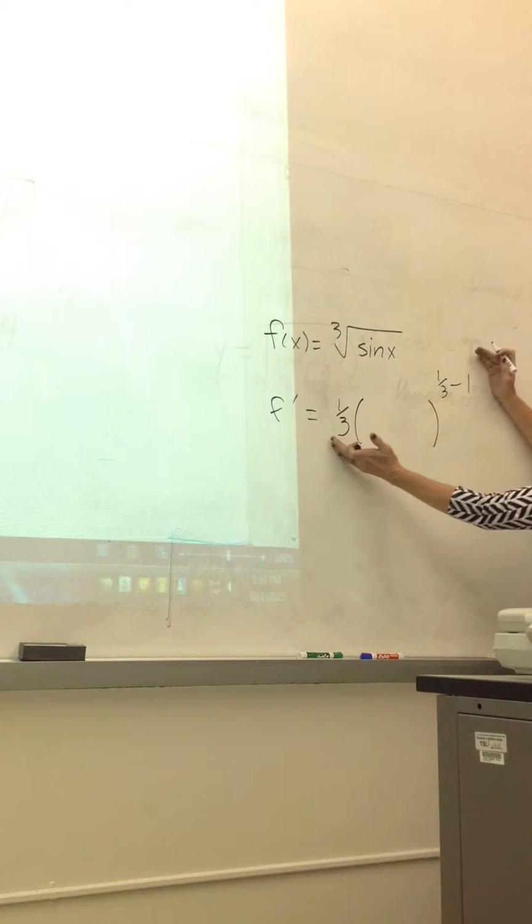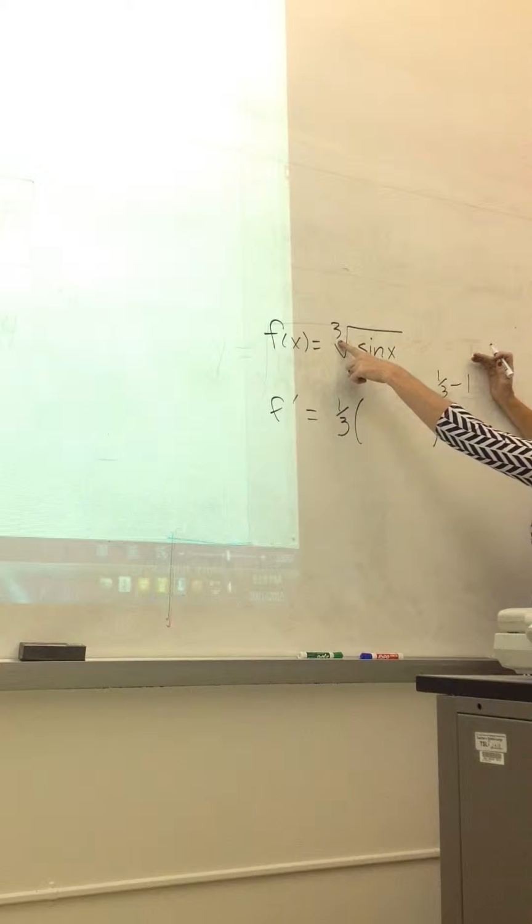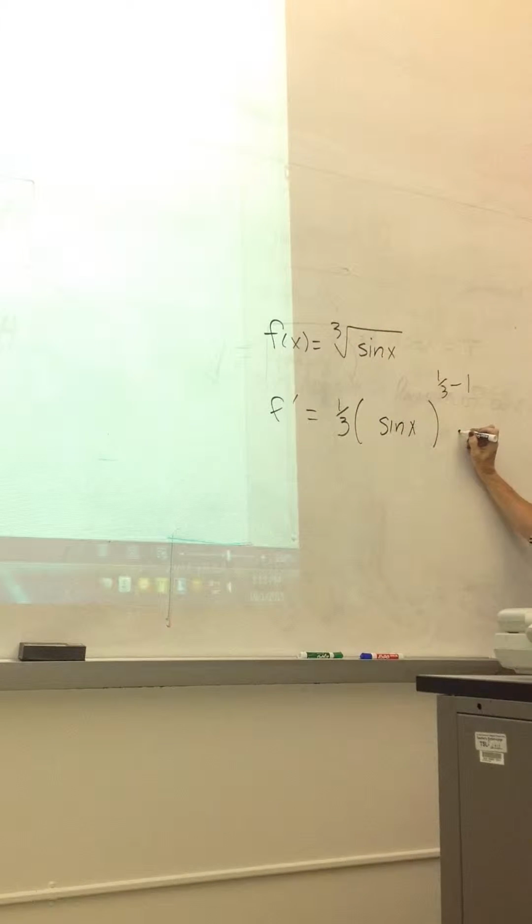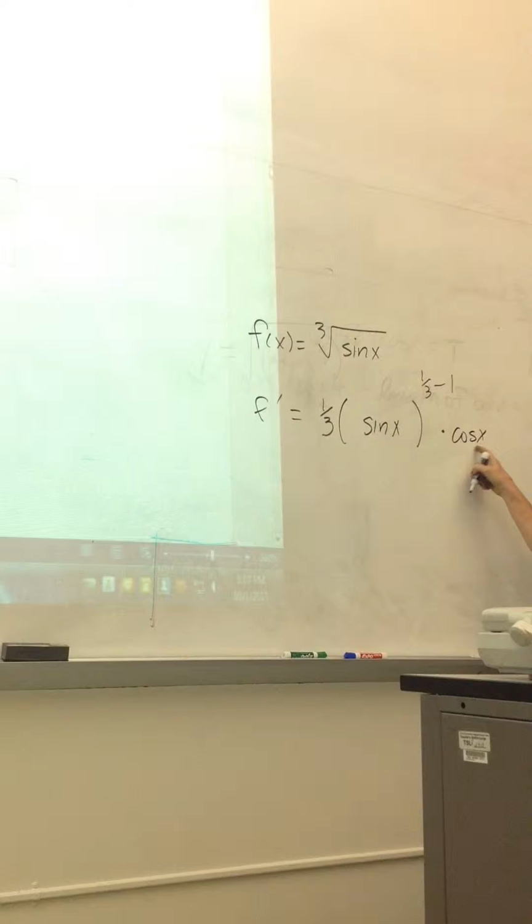So I'm taking the derivative of the outside function, and then the chain rule says multiply by the derivative of the inside function, which for this example would be cosine of x.